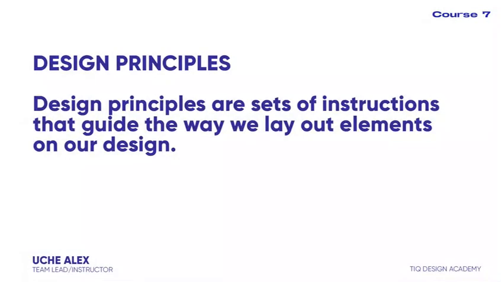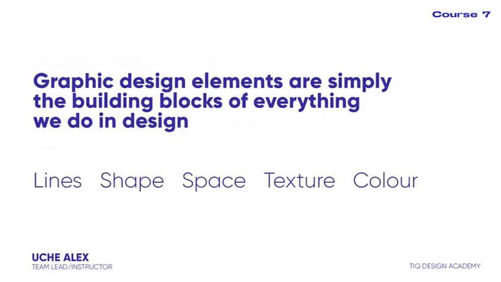So, what are design principles? Design principles are sets of instructions that guide the way we lay out elements on our designs. In the previous module, which is module 1, we said that graphic design elements are simply the building blocks of everything we do in design. We listed examples of these elements to be lines, shapes, space, texture, and color.